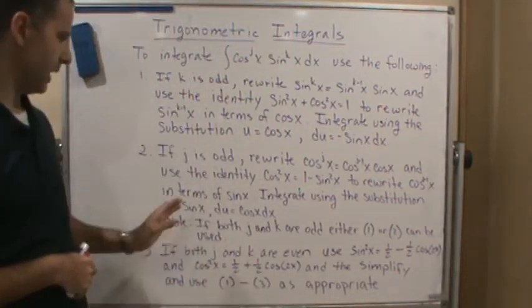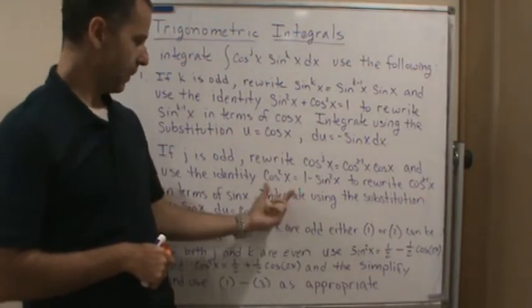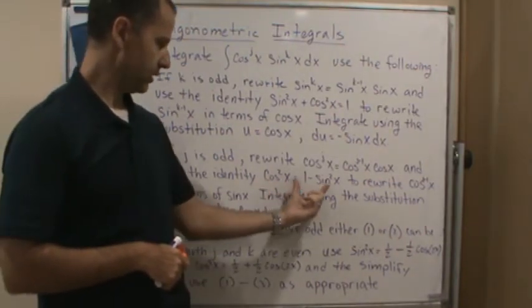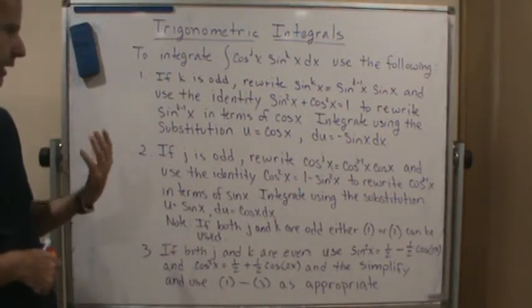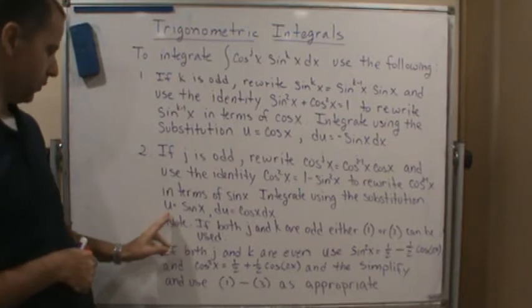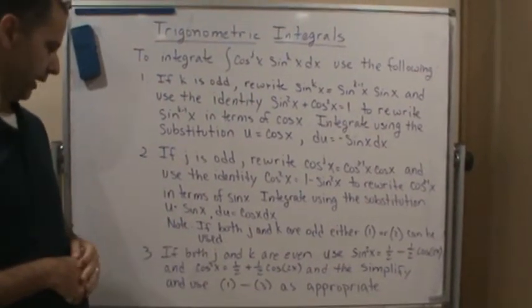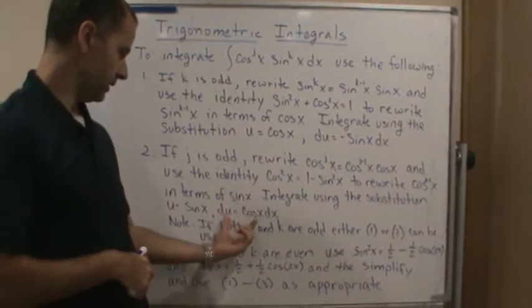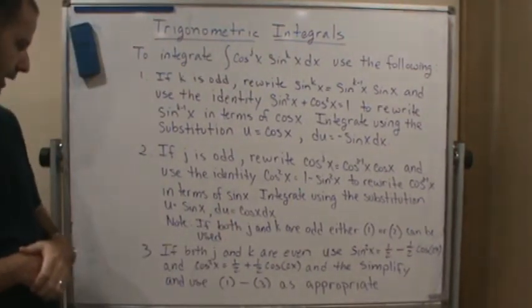And then we're going to use the Pythagorean identity again, but we're going to use it to substitute for cosine to put everything in terms of sine. And then we're going to use the u substitution, u equal to sine, in order to simplify things and integrate. And so then we're going to use this du equal to cosine x dx.